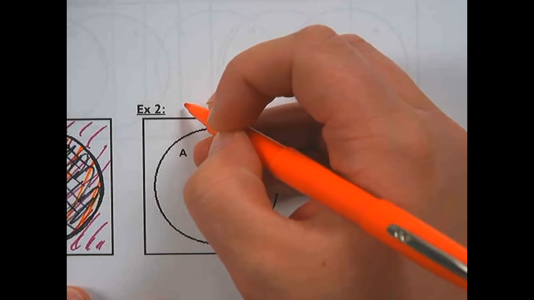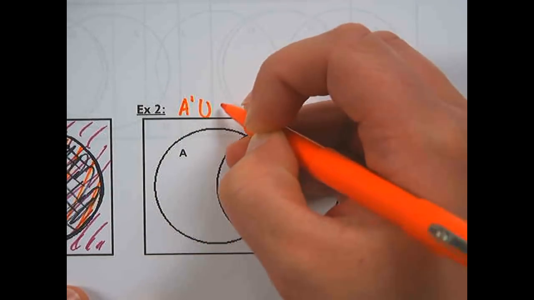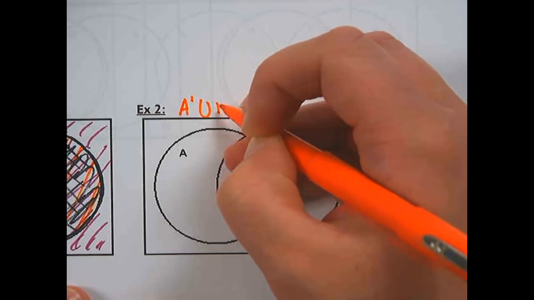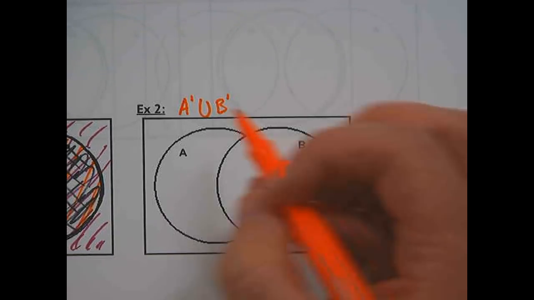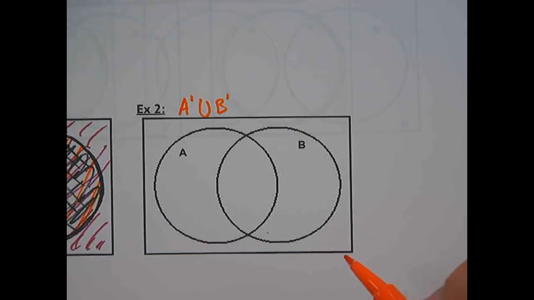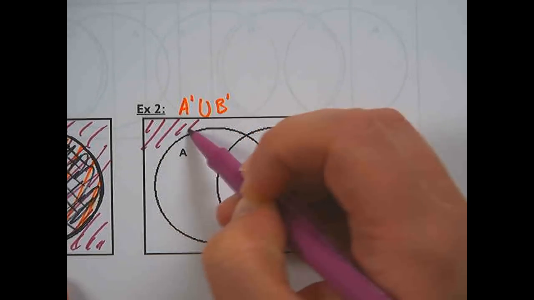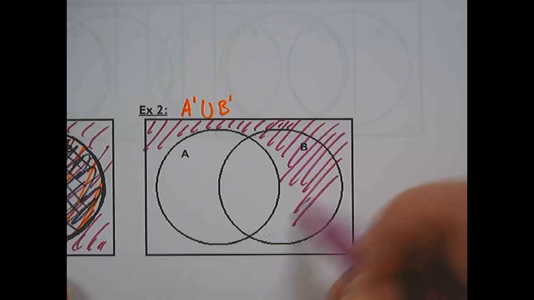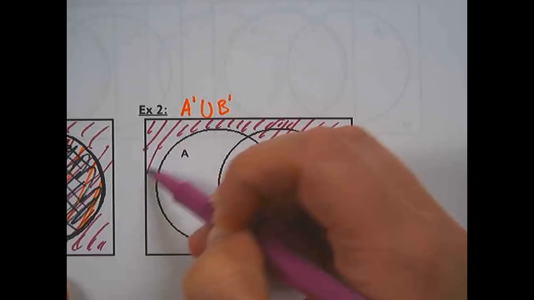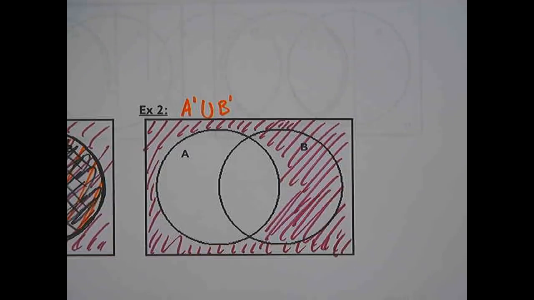Let's do the complement of A union with the complement of B. So everything that's not A union with everything that's not B. So first I'm going to take the pink and color in everything that's not A. Just like we did on the last one, coloring in everything that's not A. So everything besides the circle of A.